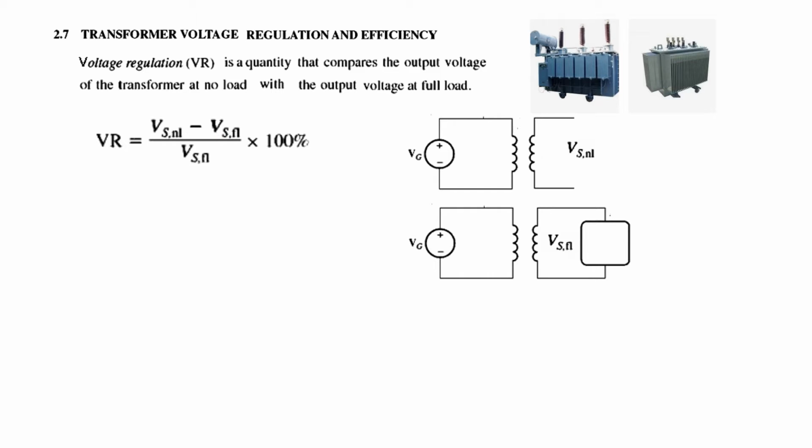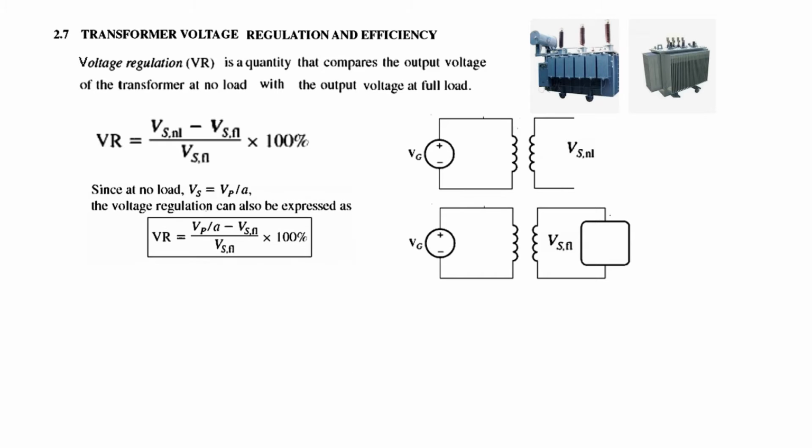Now look here, the transformer, there is no load here, so this is V secondary no load, and when we connect a load, then the voltage here will be called V secondary full load. So V secondary no load minus V secondary full load, divided by V secondary no load, and multiplied by 100%. This is the basic definition of voltage regulation, and it can be written in some other forms as well.